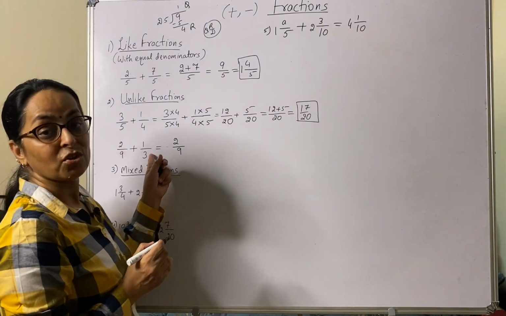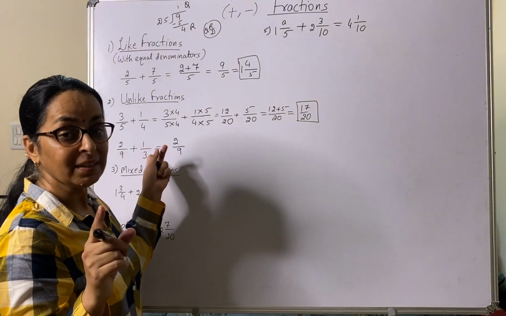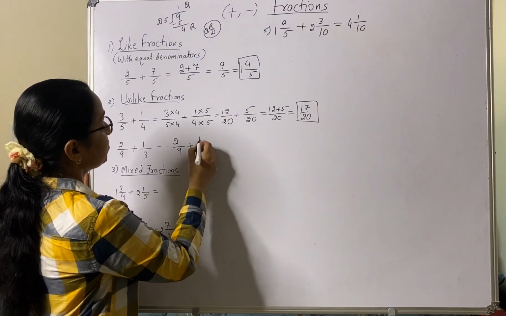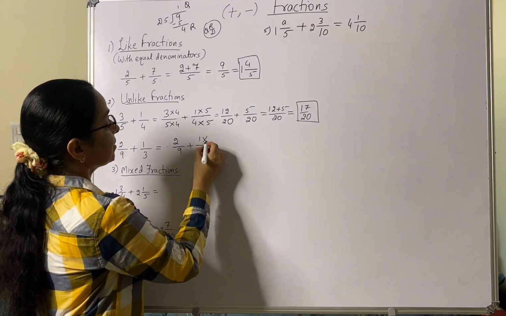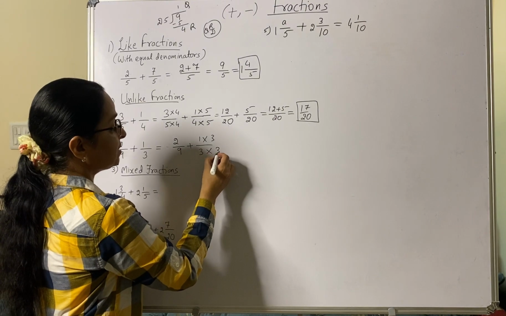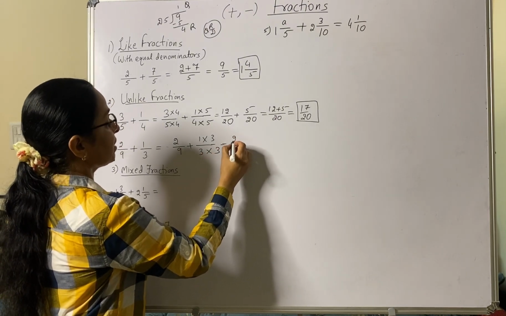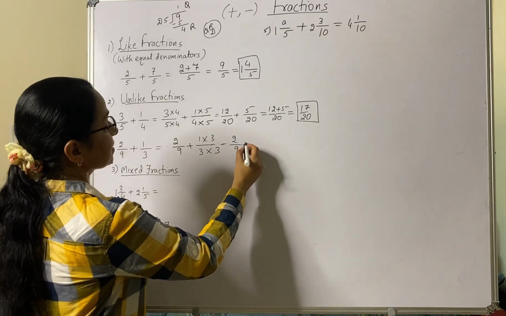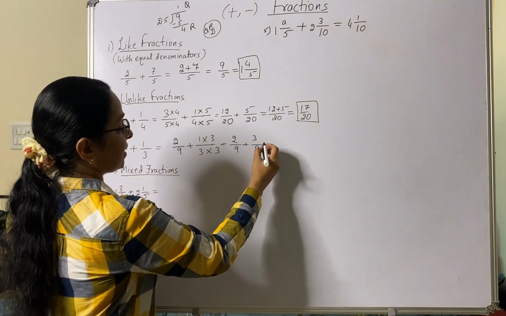Here we can make the denominator 9 by multiplying the fraction by what? 3. Yes. So it would be 1 over 3 multiplied by 3 up and down, and so my sum is reduced to 2 by 9 plus 3 by 9.